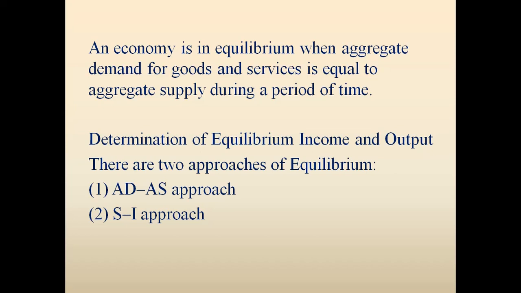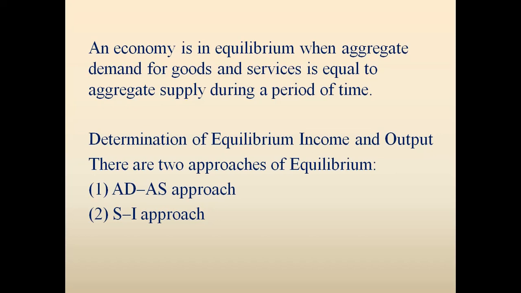Now, how can we determine the level of equilibrium income and equilibrium output in case of macroeconomics? To understand this concept of equilibrium, we have two approaches. That is the ADAS approach, the aggregate demand and aggregate supply approach, and the other approach is the savings and investment approach.